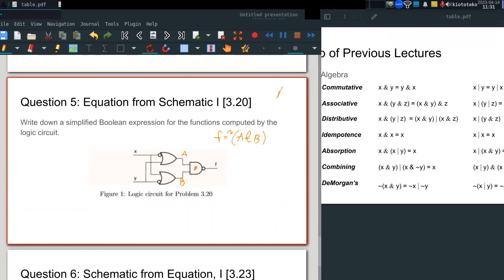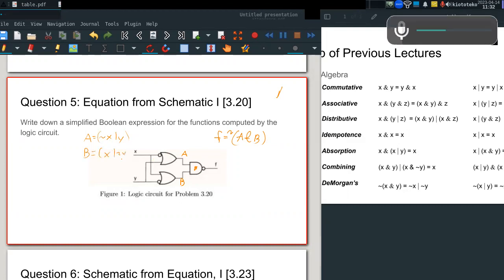What is A equal to with respect to X and Y? X complement or Y. And B is the opposite, no? B is X and Y complement. So we just substitute here.